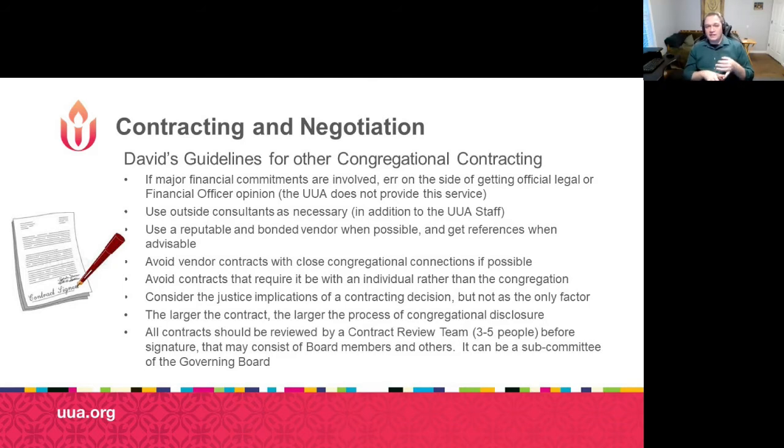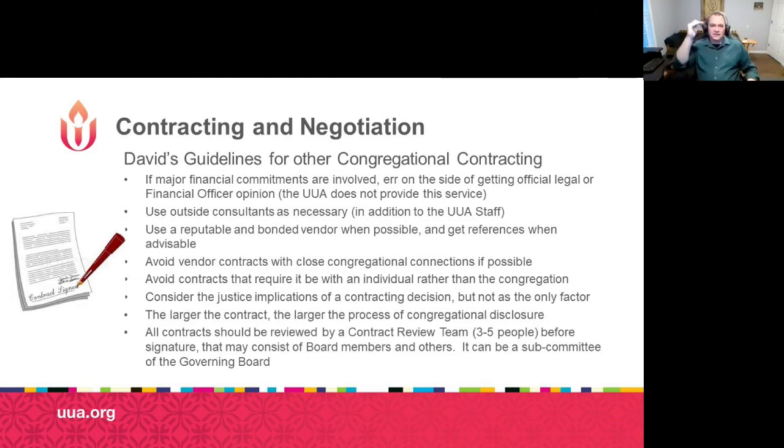Consider the justice implications of a contracting decision, but not as the only factor. What I mean by that is, pay attention to who you're using as vendors and whether or not you are diverse and equitable in that hiring. It is perfectly appropriate to give precedence to minority-owned vendors. Not at the exclusion of some of these other things, however.